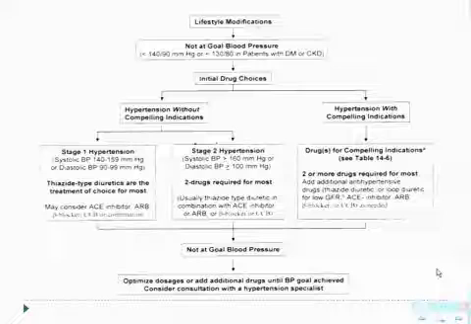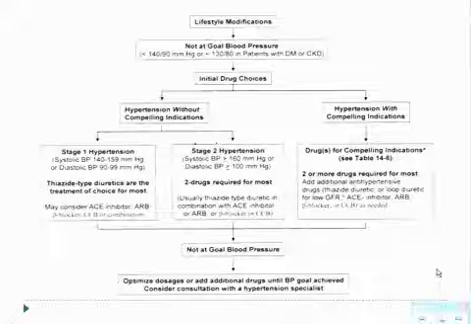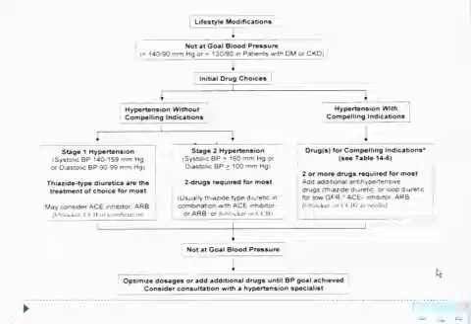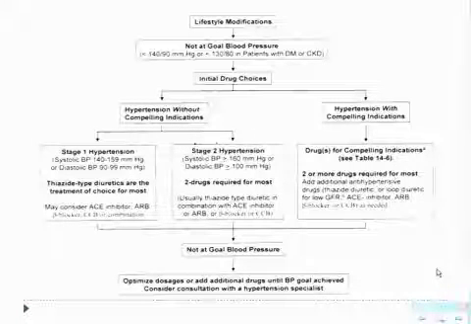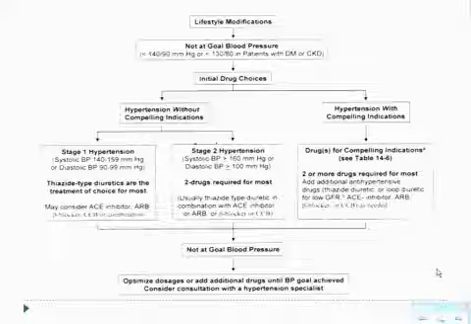If the person is in a higher stage 2 hypertension, usually 2 drugs are required. So one of the things I always look at is how many antihypertensives is the patient on. If the patient's on only 1, it's not going to be a problem for us usually. But if the person is on 4 different antihypertensives, the guy's on a beta blocker, he's on a diuretic, he's on an ACE inhibitor, he's on a direct vasodilator, he's also on nitroglycerin.